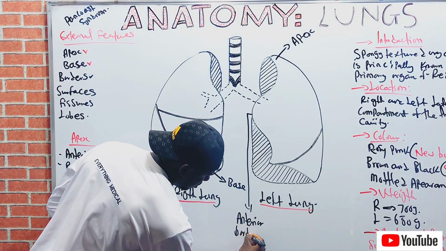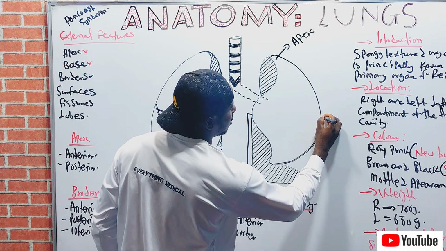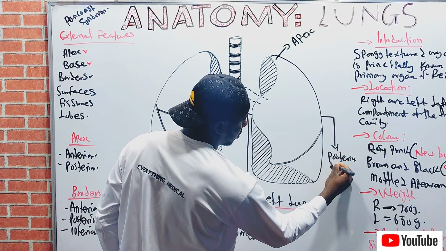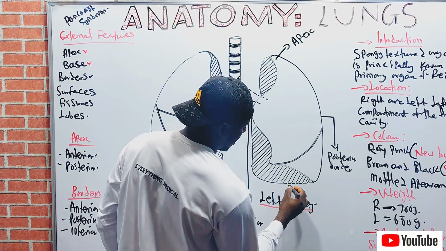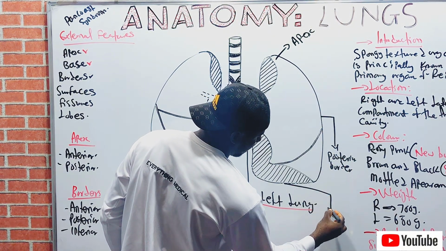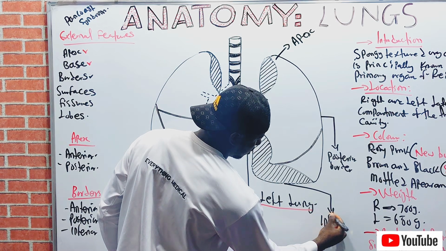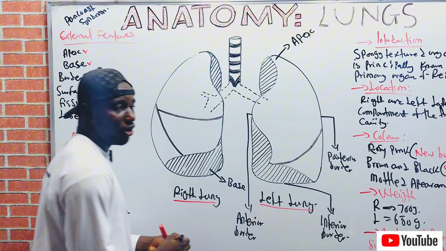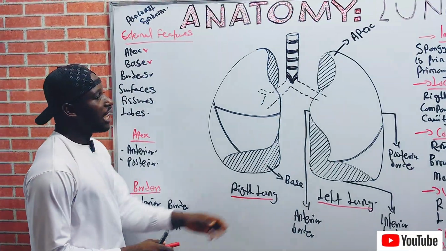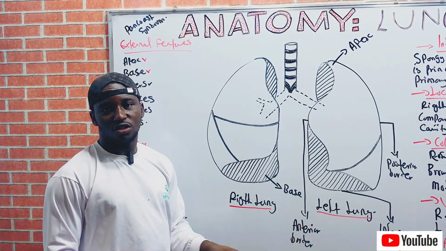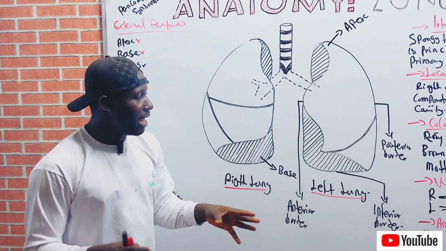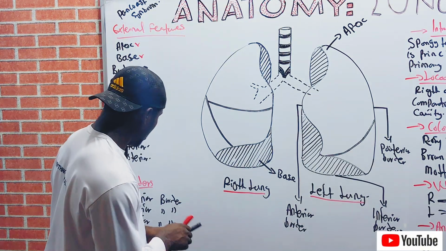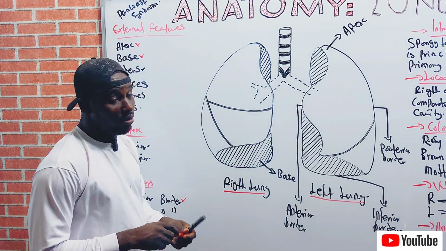This is the posterior border, while here is the inferior border. Now, the anterior border of the lungs is thin and short compared to the posterior border.